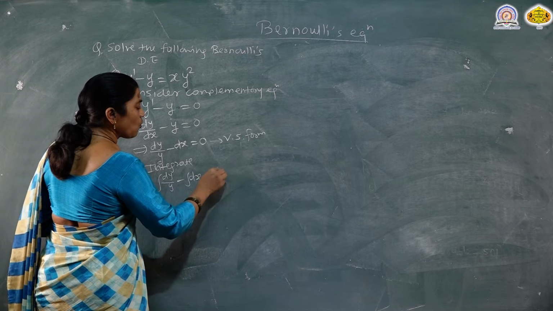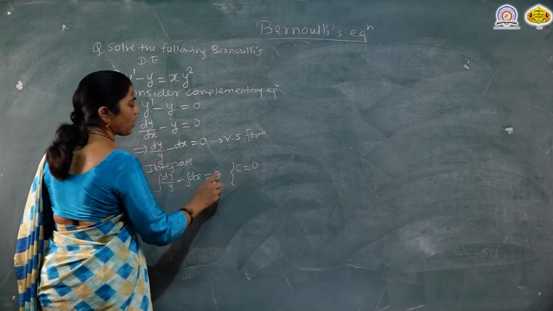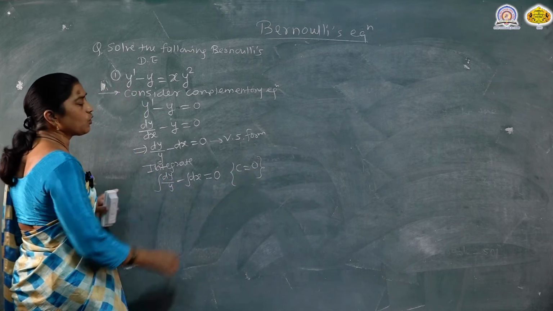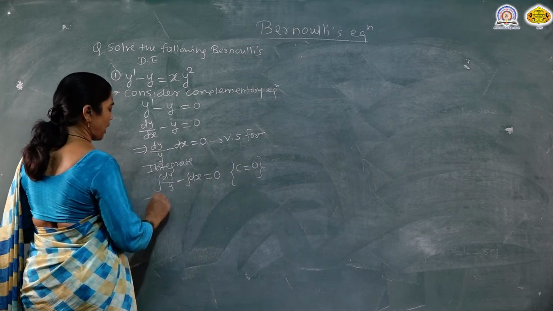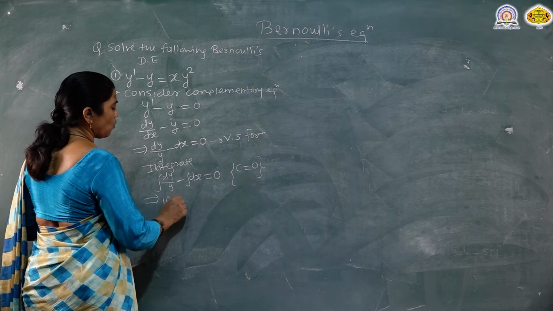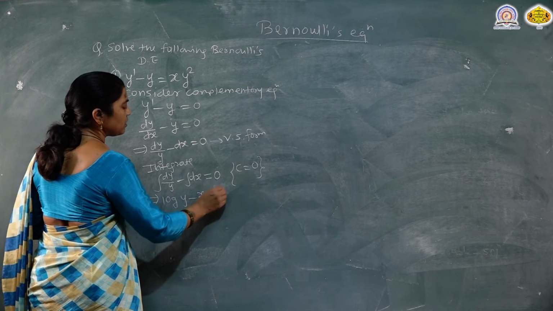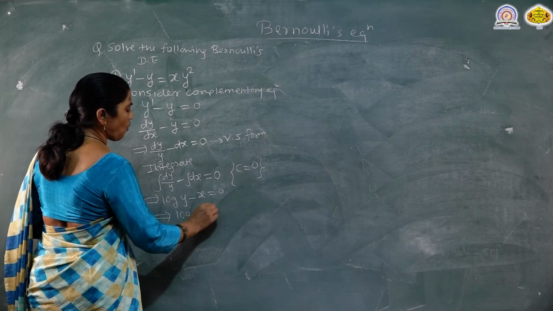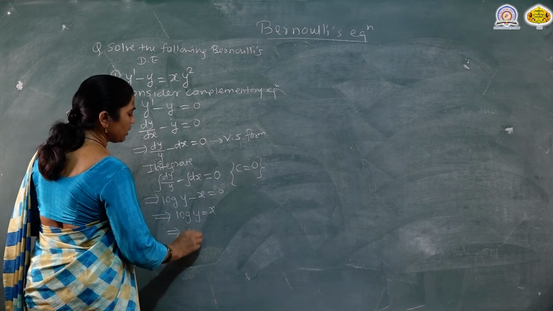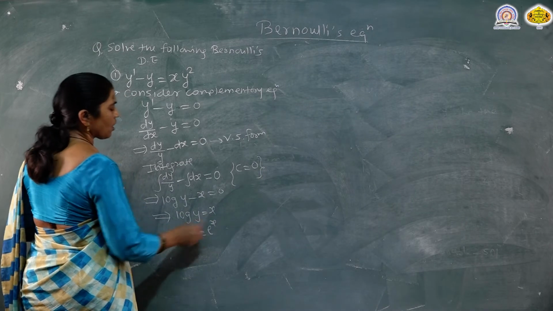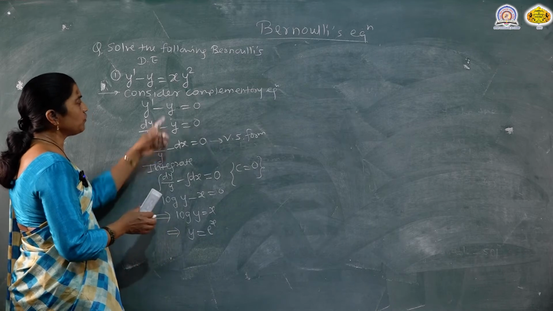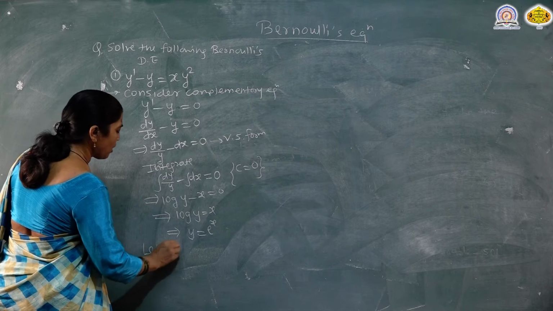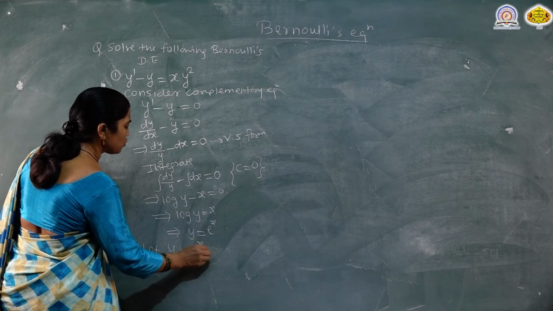We are taking the constant of integration to be 0. We are assuming the constant of integration to be 0 in the method of variation of parameters. So we get log y - x = 0, or log y = x, or y = e^x. We assume this solution, which is a solution of the complementary equation, as y1. So let us assume that y1 = e^x.